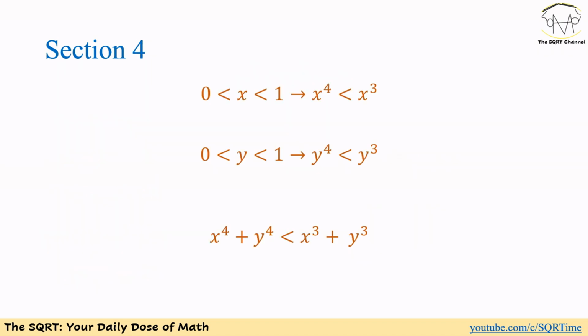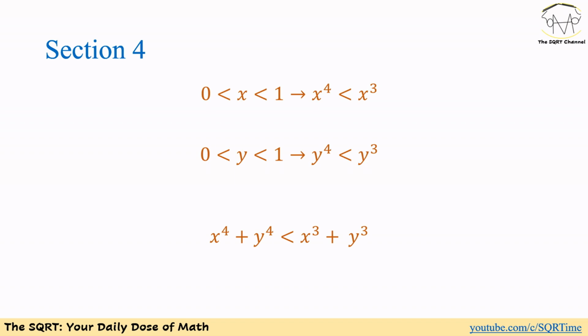Now we know that x and y are both between 0 and 1. This basically means that if we do this x to the power of 4, we are going to end up with x to the power of 4 is less than x to the power of 3. And obviously y to the power of 4 is also less than y to the power of 3.